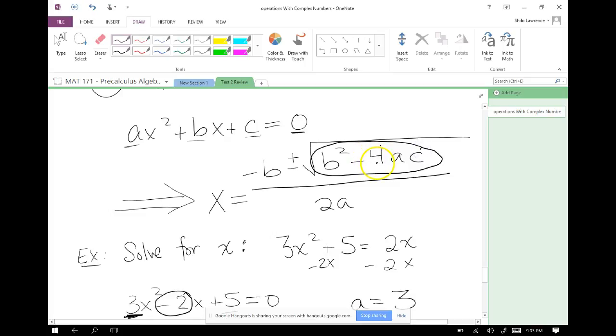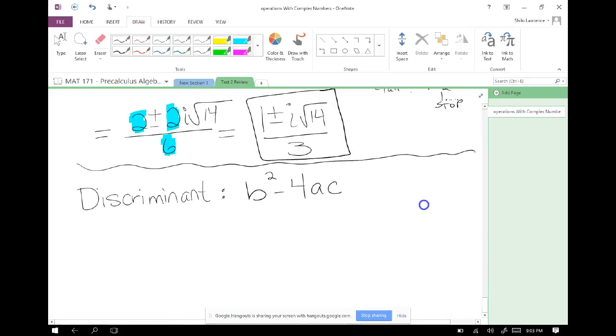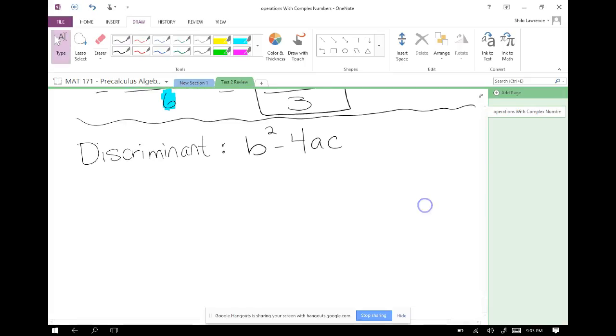The value of that piece is going to decide what type of answers you're going to get. Whether the answers are going to be complex, or whether they're going to be real, whether you're going to get 2 answers or whether you're just going to get 1 answer, because that is the piece that's under the square root.